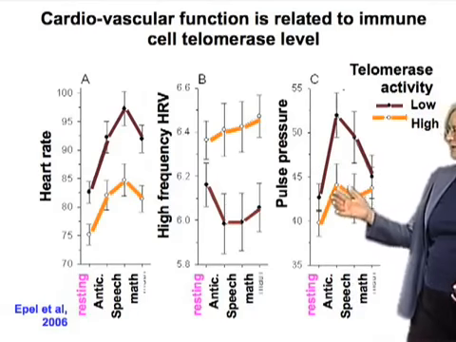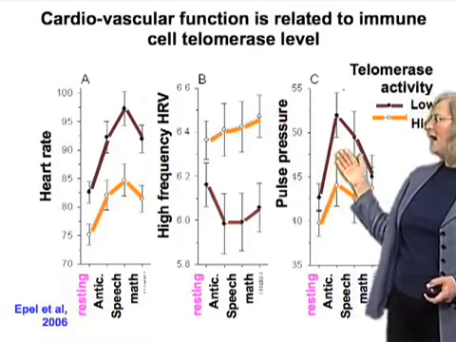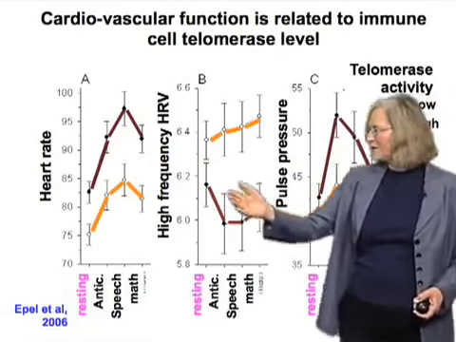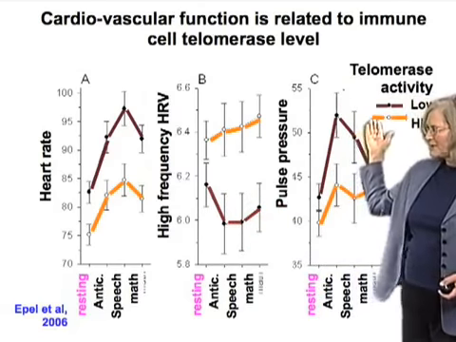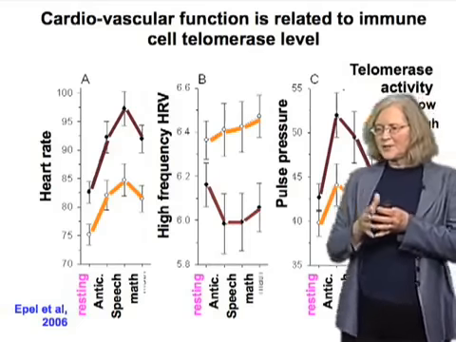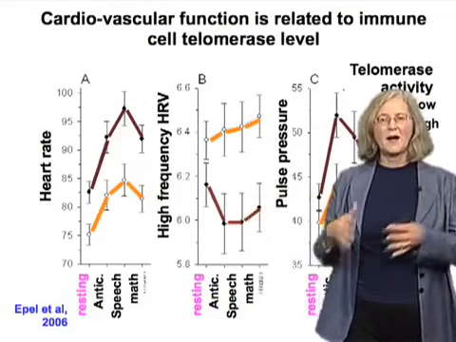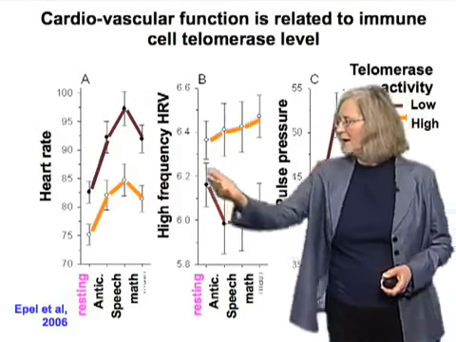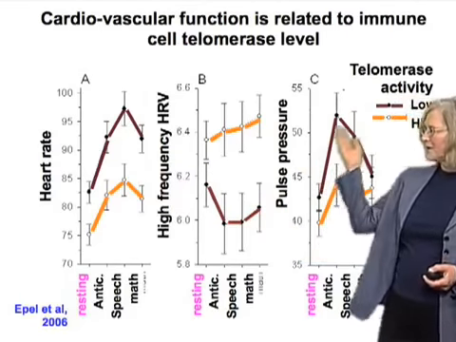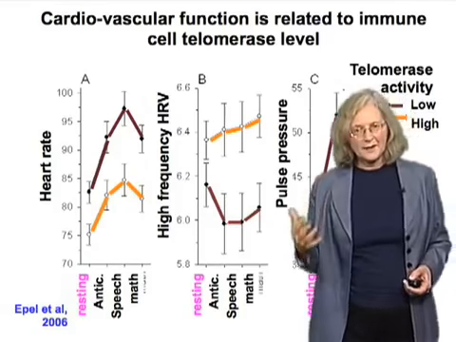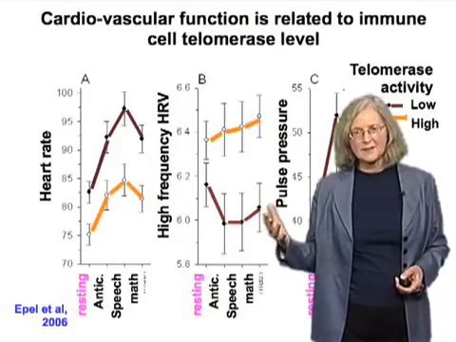And the heart rate variability showed a nice healthy response in the high telomerase individuals, but a much less healthy lack of ability to adapt in the low telomerase people. So simply splitting all of the telomerase activity measurements into just two halves, the high half and the low half, showed very different heart functions. And in all cases, the low telomerase group always had the unhealthy response that is predicted to lead to more cardiovascular disease risk.